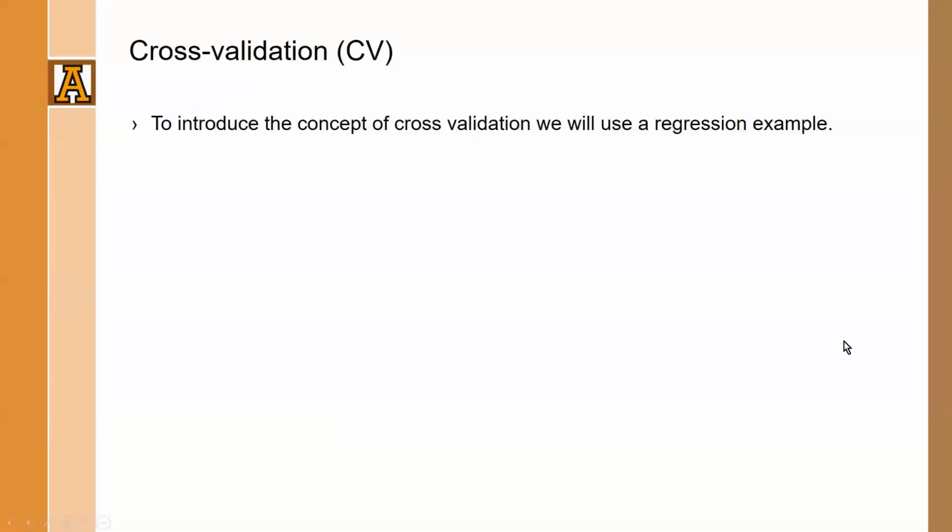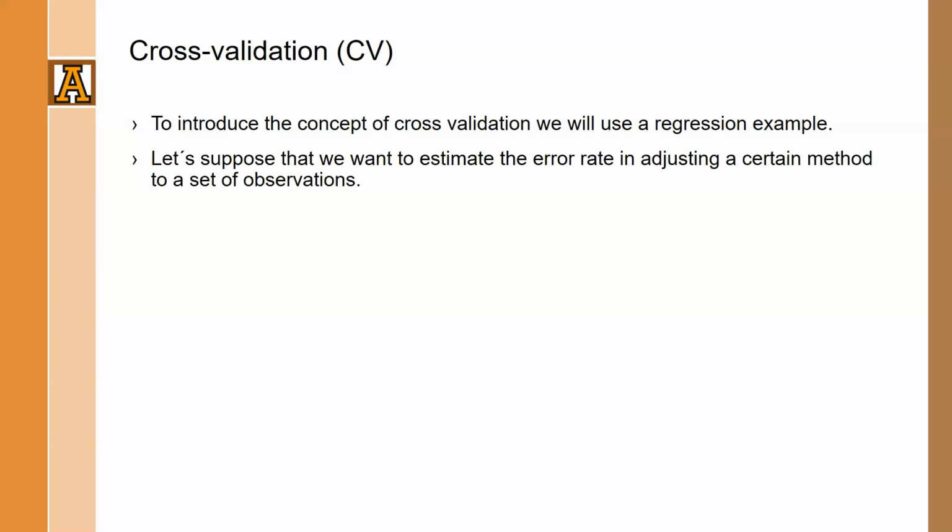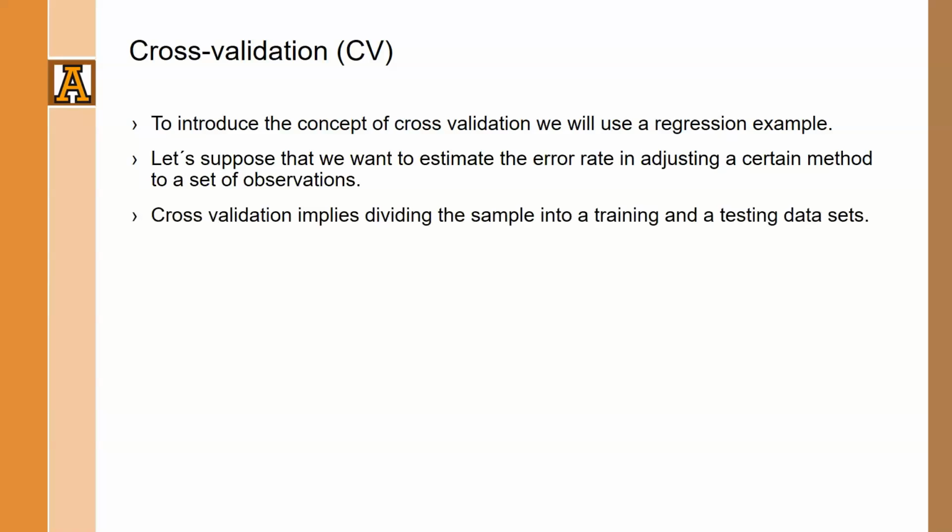Okay, first start with the concept of cross-validation. I'm going to use a regression example here to illustrate cross-validation and the different forms of cross-validation we're going to see. Suppose we're doing a regression and want to estimate the error rate by adjusting a certain method for a set of observations. Cross-validation is essentially what we've been doing.